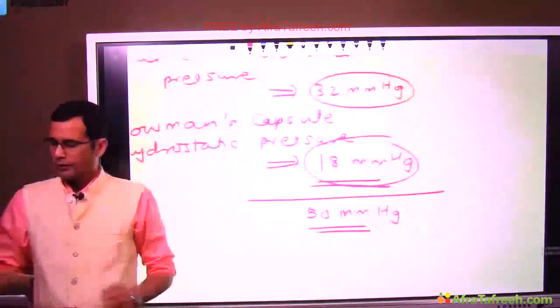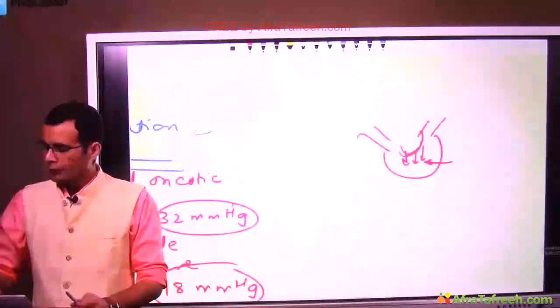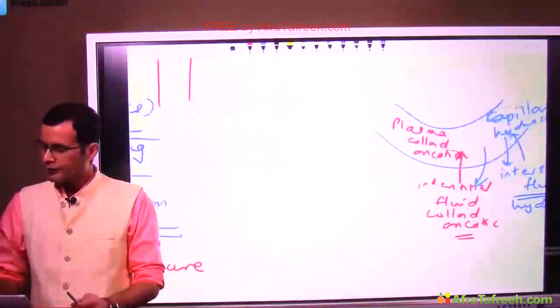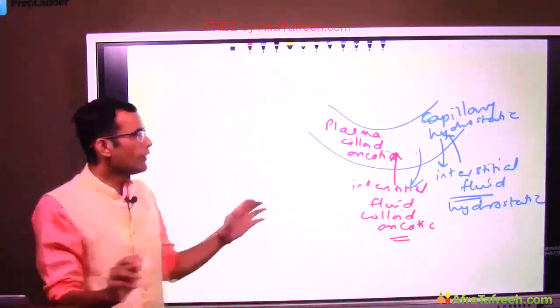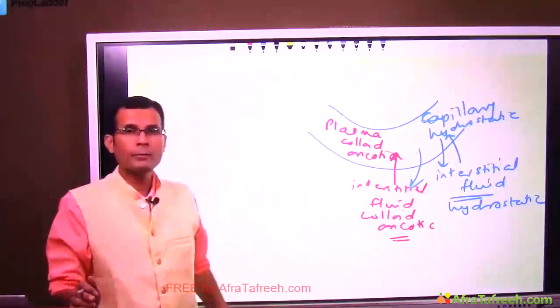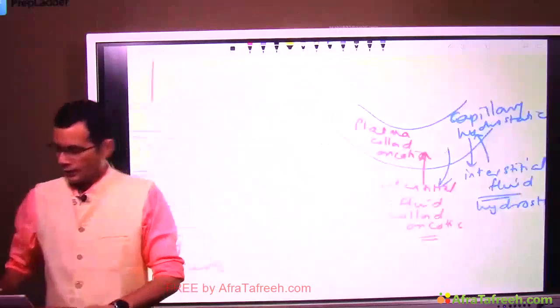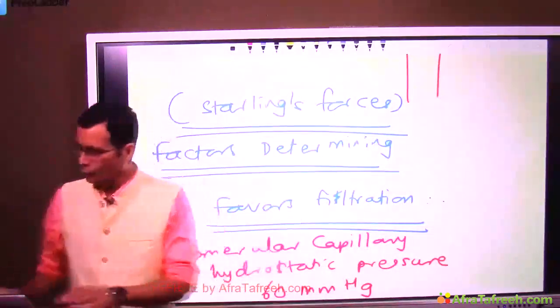By the way, you must have noted one point by now, that when we discussed the Starling's forces elsewhere in the body, in all other tissues, we talked about the 4 forces acting in and around the capillaries. And here there are only 3. Where is the 4th one?